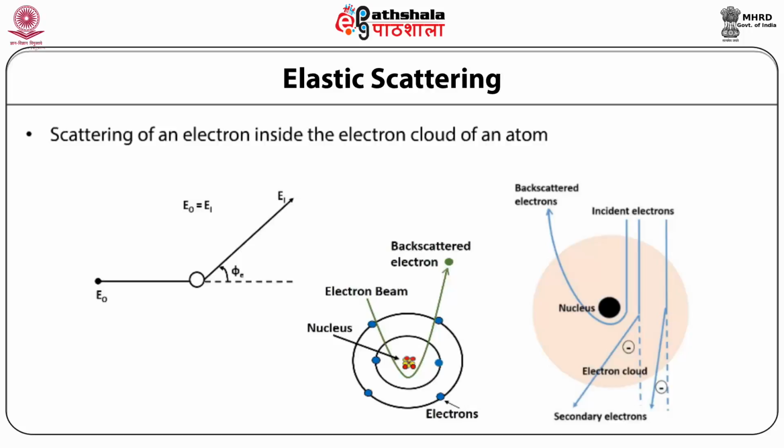The probability of elastic scattering increases strongly and varies as the square of the atomic number, Z squared. Also, since heavier atoms have much stronger positive charge at the nucleus, the probability of elastic scattering decreases and generally depends on the electron energy as 1 by E squared.